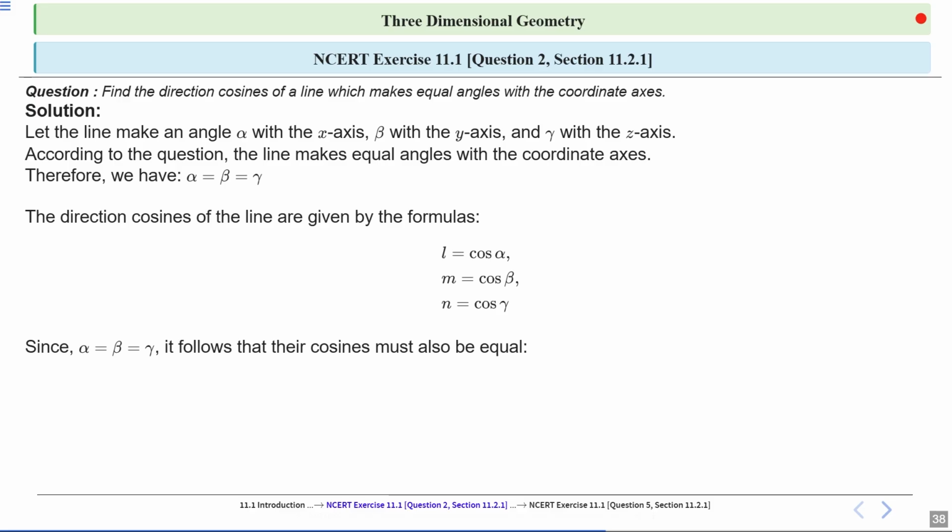Since alpha equals beta equals gamma, their cosines must also be equal. So we can write L equals m equals n equals cos alpha. This is a direct result of the line making equal angles with each axis. So all three direction cosines are equal to the cosine of that common angle.